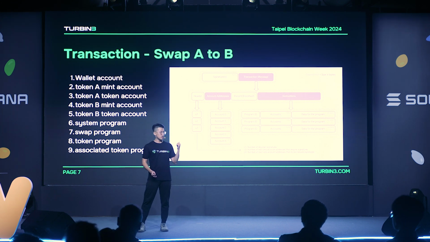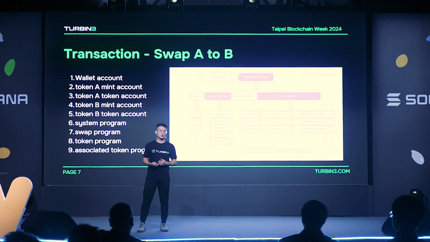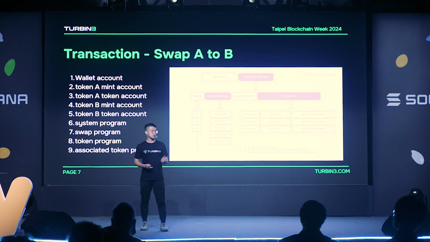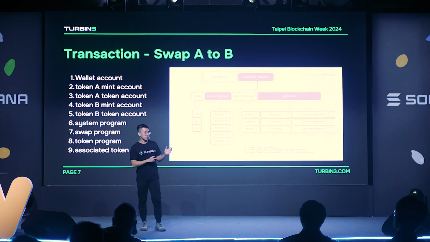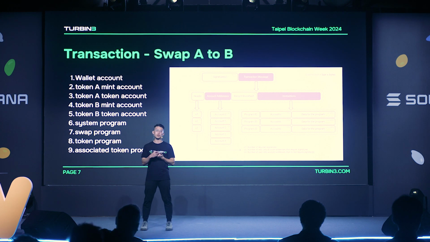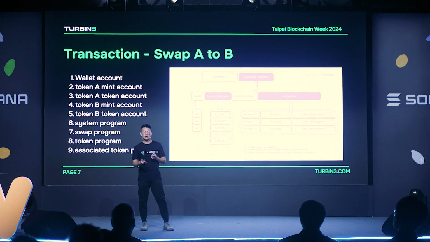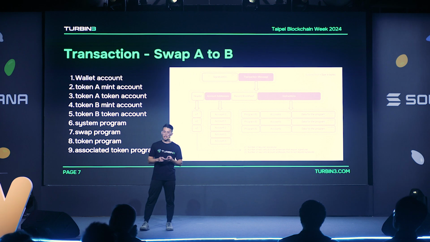So this example is a swap transaction. You need to include every account you need to use, including the wallet you're going to sign your transaction with, and the token you are using. The token mint is where we define what the decimals are and what the current supply is. And the token account is actually the balance of your token.